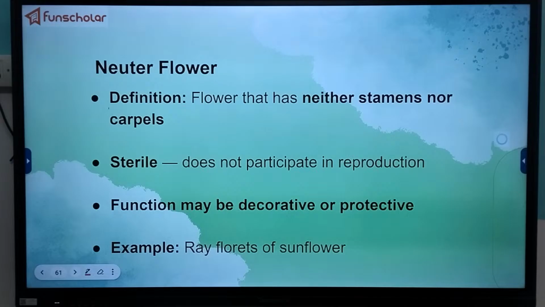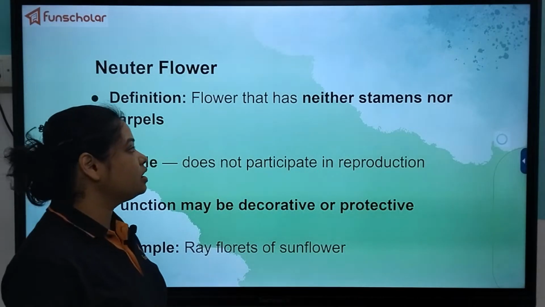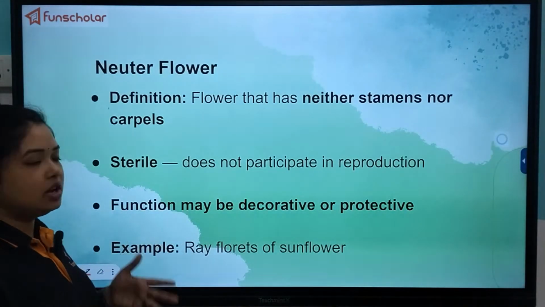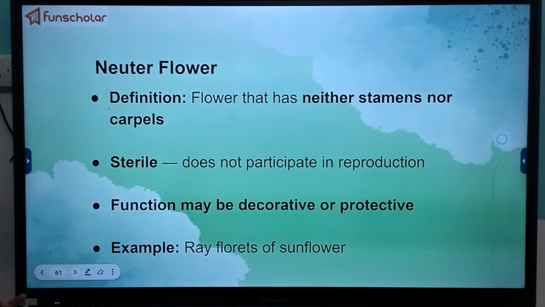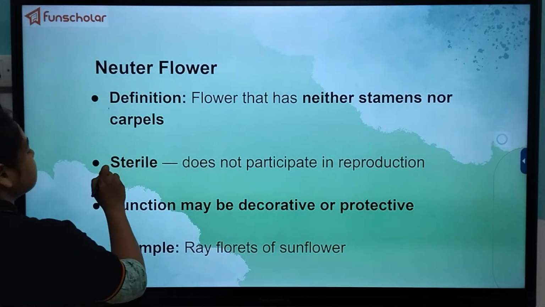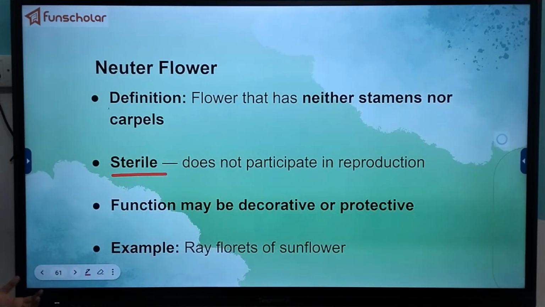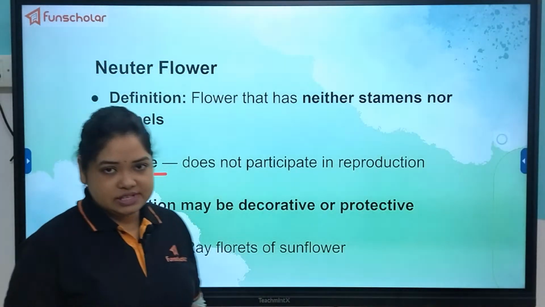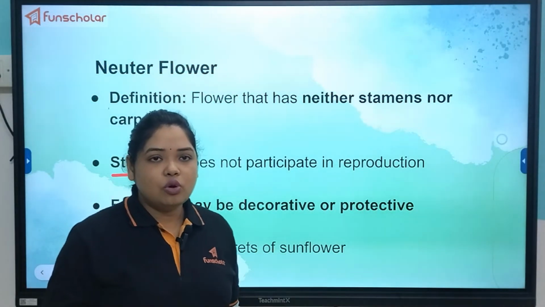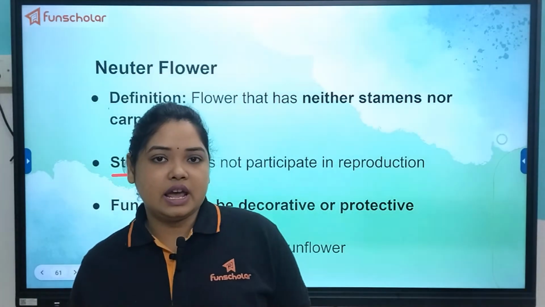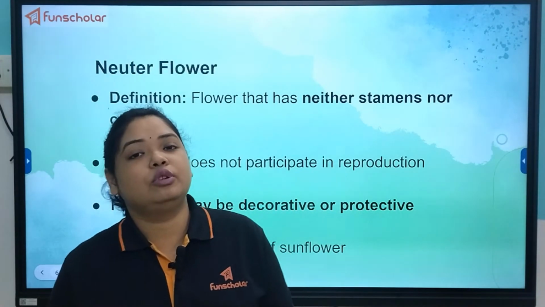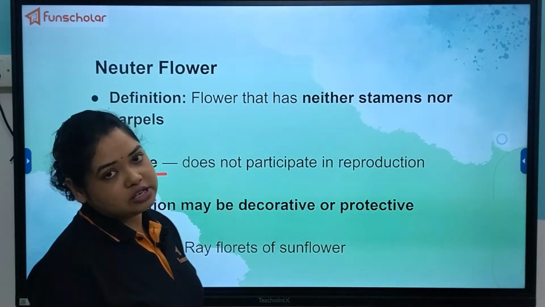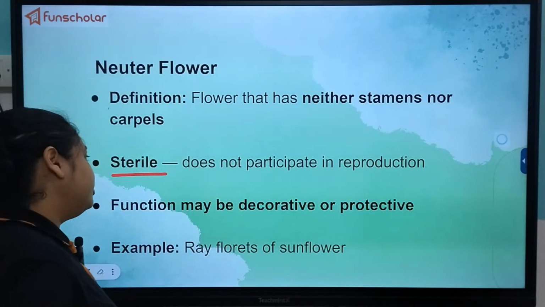Coming to another category, the neuter flower. It will contain neither stamens nor carpels. You can say that it is a neuter flower or sterile flower, because if no male and female part is present, then there is no organ to produce the gamete, and if gametes are not produced, then obviously there will be no sexual reproduction in the flowers.